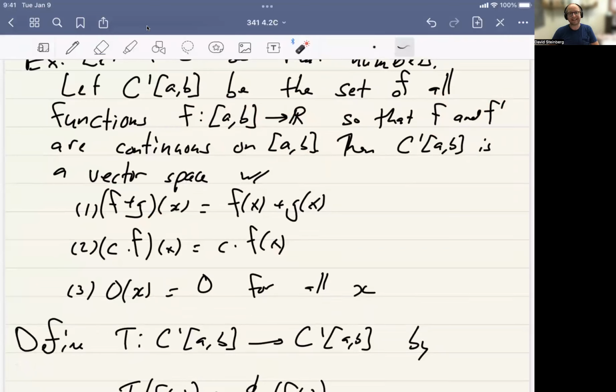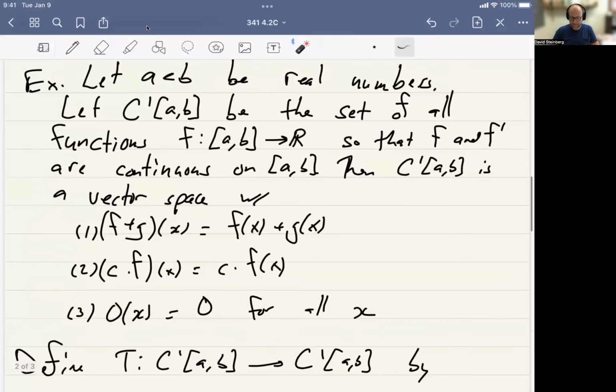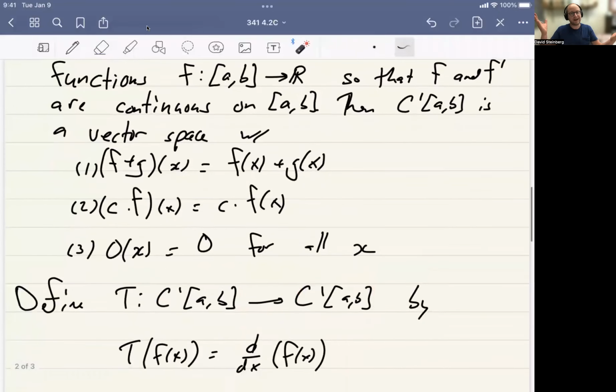And now we're going to define a linear transformation on this vector space to itself. So we'll define T that'll input a function and output some other function. And wouldn't you know it, we'll define T by taking our old friend, the first derivative. And sure enough, this T is a linear transformation from this vector space to itself.